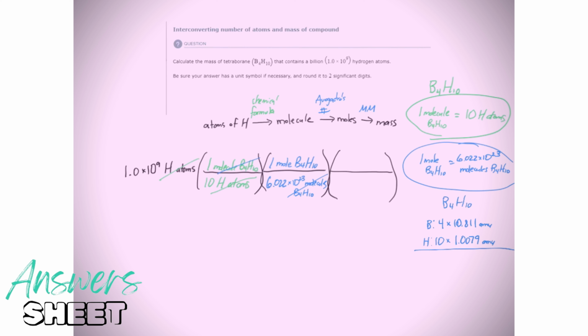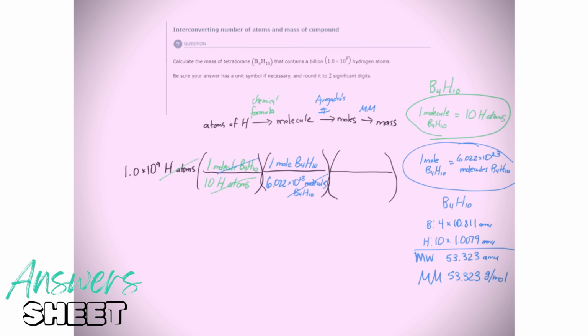So we have 4 times 10.811 plus 10 times 1.0079, 53.323 AMUs. That's the molecular weight. The molar mass is going to be the same value, 53.323, but the units will be grams per mole.